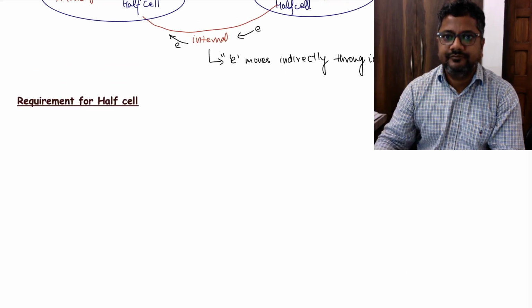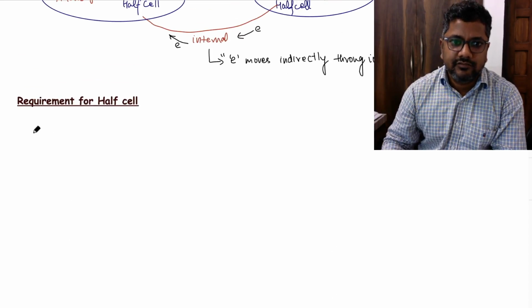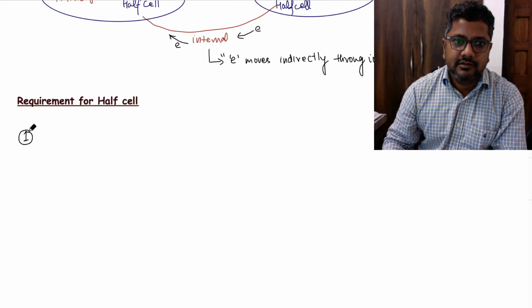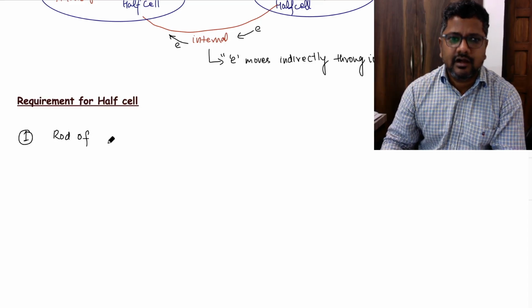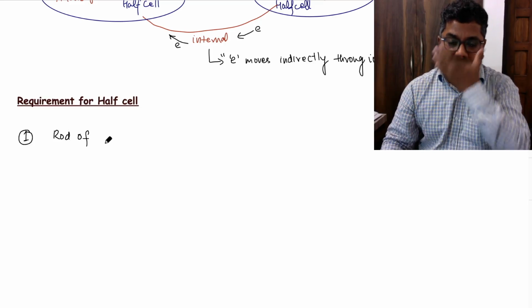The first requirement is the rod of the material, the rod of the material of which you want to prepare the half cell.